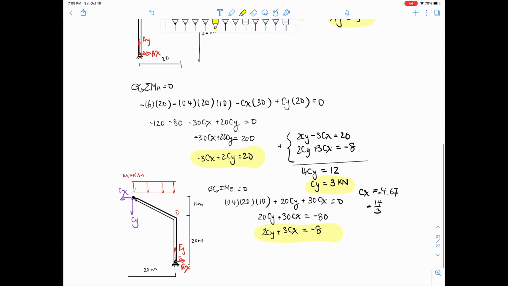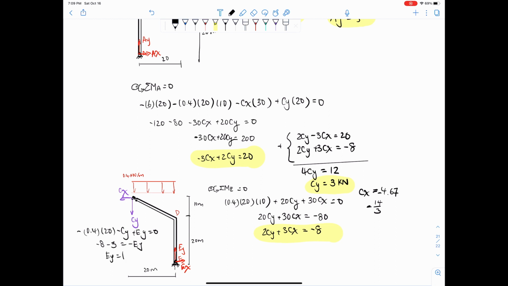Should be fine. So now we can just do the same thing on the other side. So we have 0.4 times 20, and that's negative going down, and then minus cy, and then plus ey would then equal 0. So we have negative 8 minus 3 equals negative ey, and then ey would just equal 11.